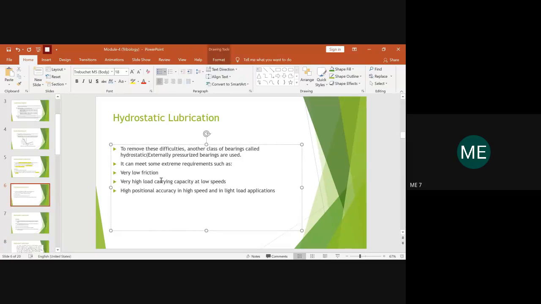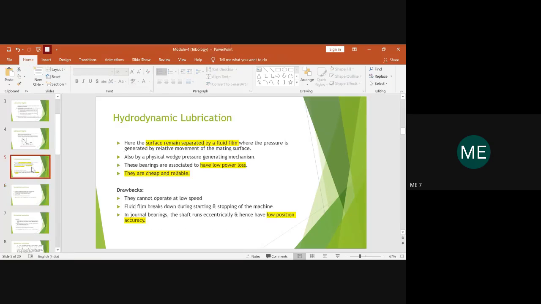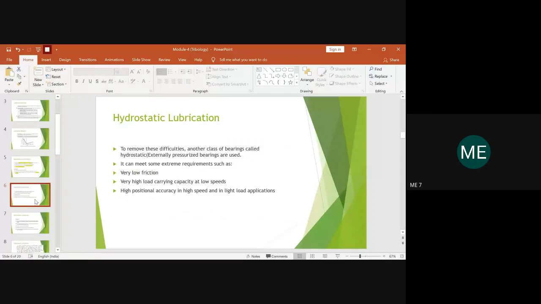So what are the important features associated with hydrostatic lubrication? It can meet the drawbacks associated with hydrodynamic lubrication. The very first thing is that it has very low friction. Compared to the hydrodynamic journal bearing, if you use hydrostatic lubrication, the amount of friction is comparatively very low.